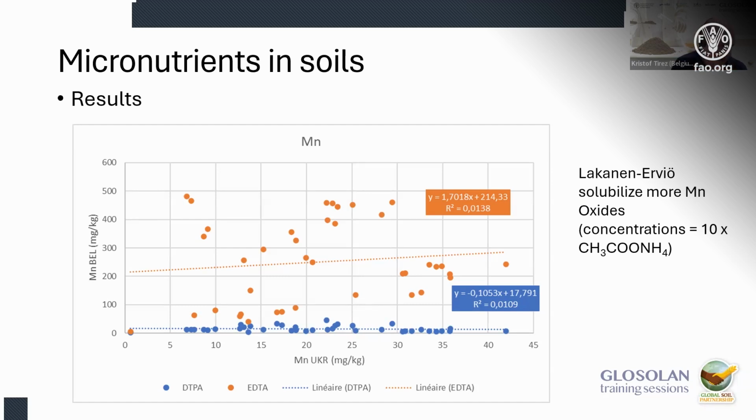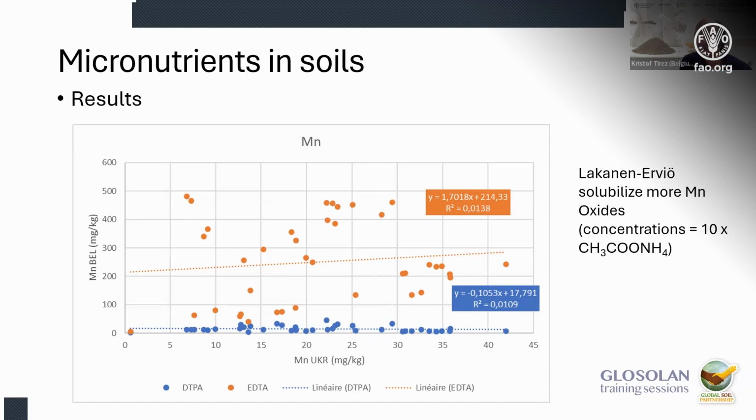Yeah. I was also looking at the quality control. Is there any certified reference material? I know these extractions are operationally defined, but is there a way you can control as a laboratory if you perform the extraction well to some extent? We have control samples. We have two kinds of control samples.